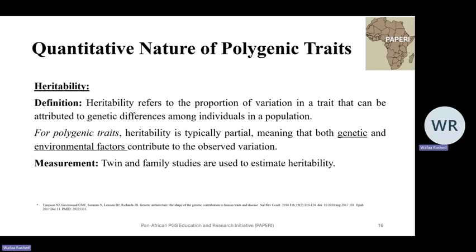Why do we say this? Because both genetic and environmental factors contribute to the observed variation. If we want to study a polygenic trait and measure the heritability, we should use twin or family studies to estimate it.